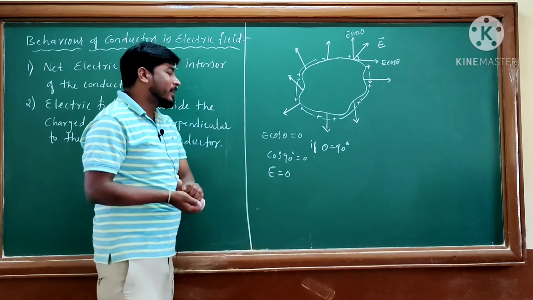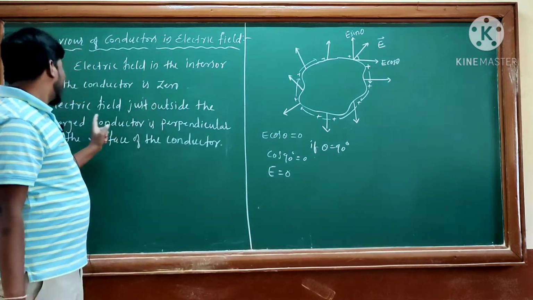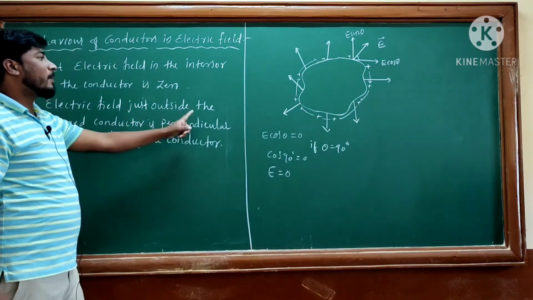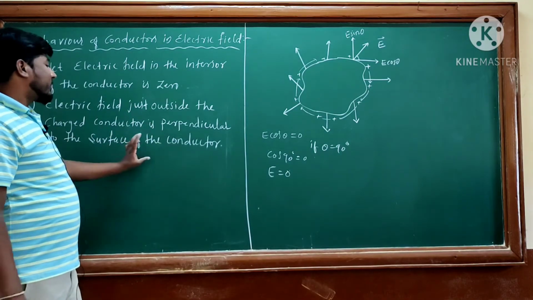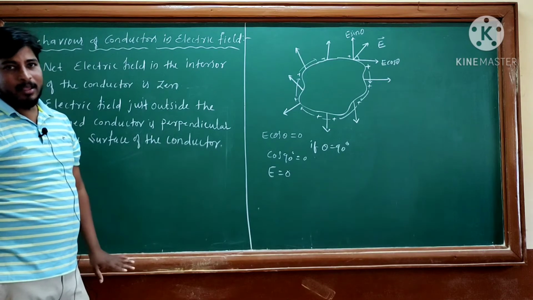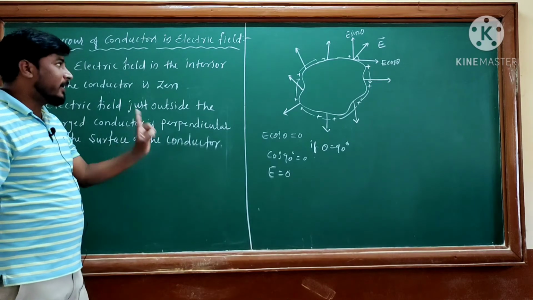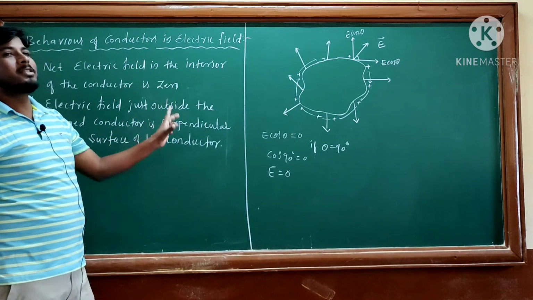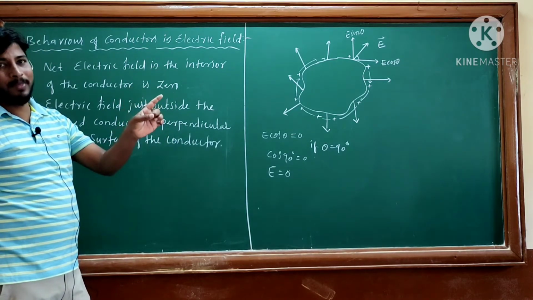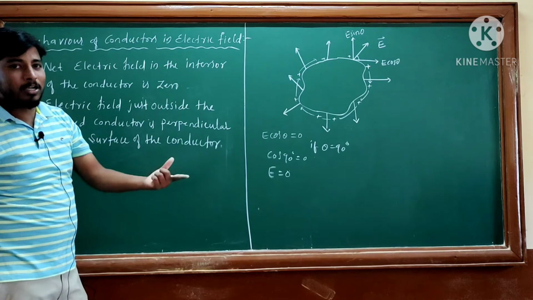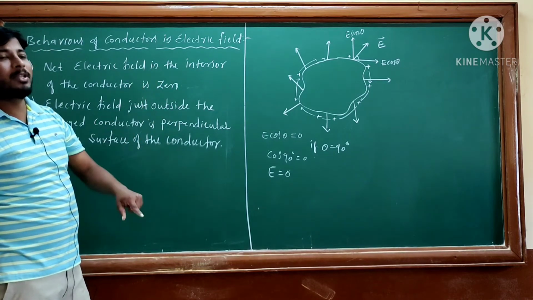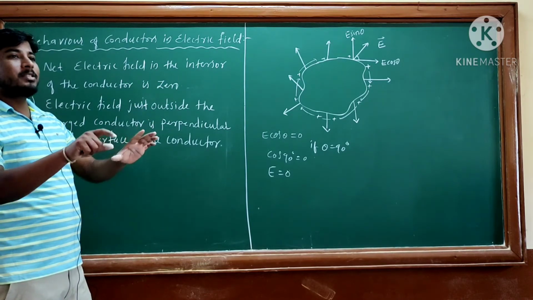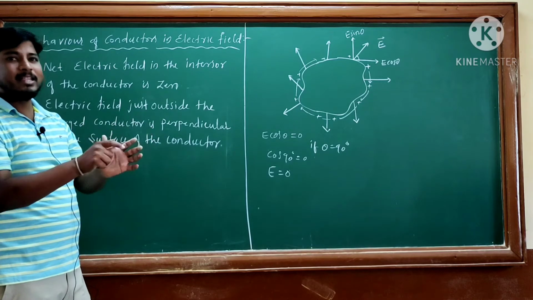So the electric field just outside the charged conductor is perpendicular to the surface of the conductor. Every time the electric field must be perpendicular to the surface of the conductor. Otherwise, if it is not perpendicular, then there must be some current available.